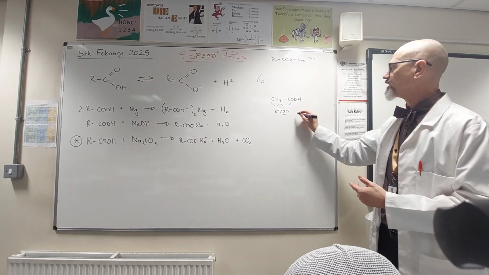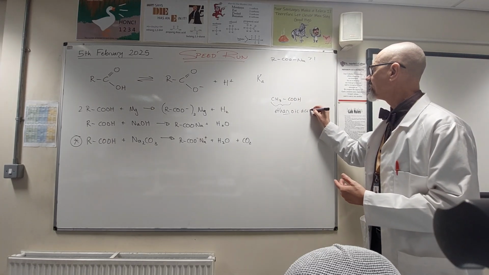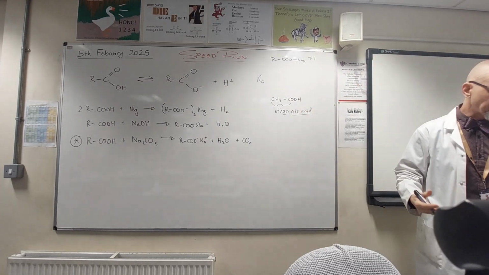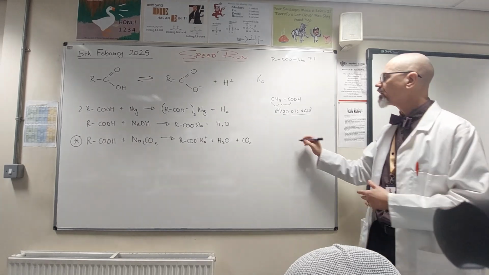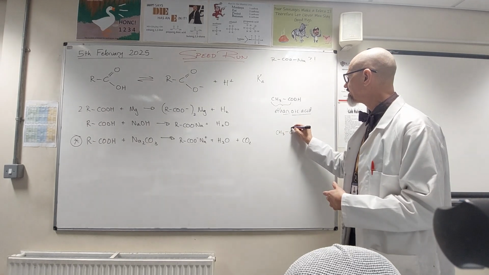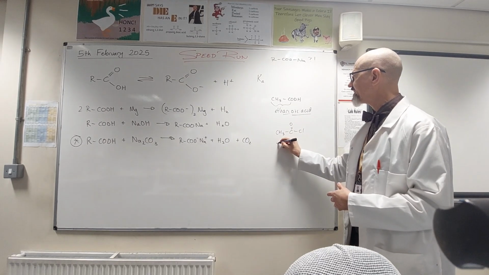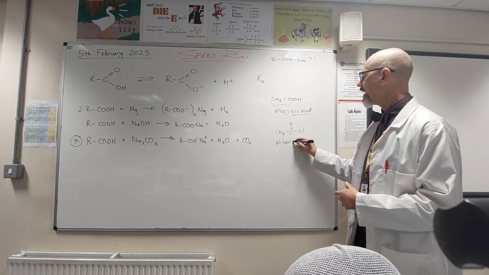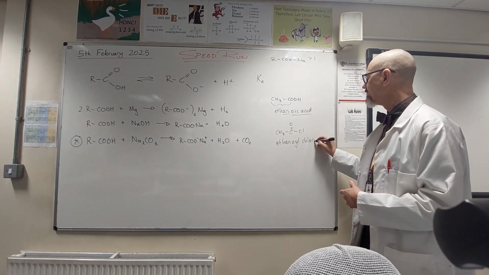And then the next bit of the name, the oic acid in this case, gives us the exact functional group. But for all of the carboxylic acid derivatives, if I put a chloride on there instead, it would still be ethan and then oyl chloride.